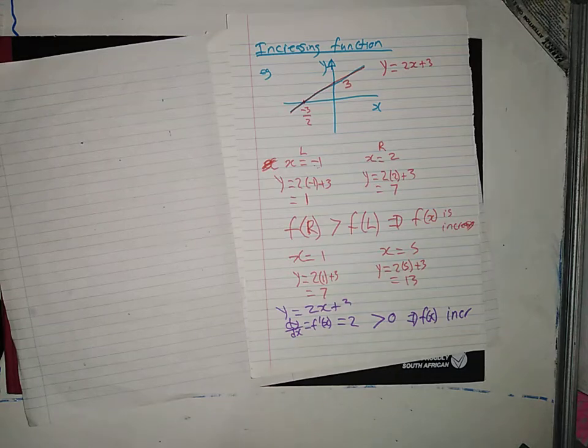So right now, if you can actually find that question in the paper, now you know exactly what to do. I know what to do. The function is increasing because the derivative is a number that is greater than 0. Does that make sense?